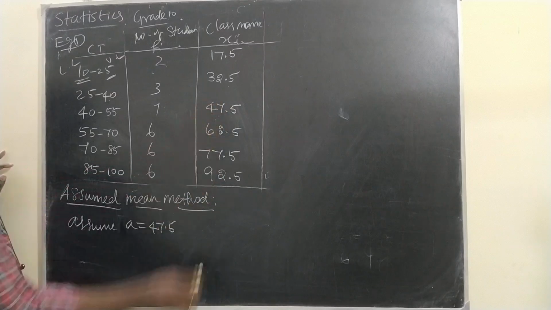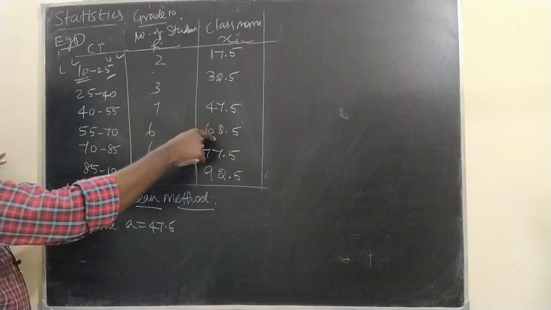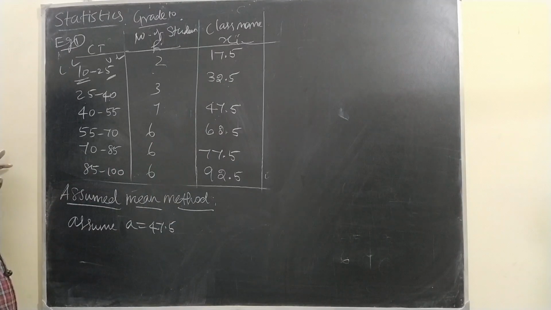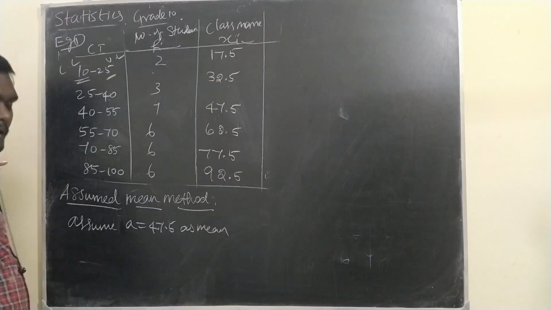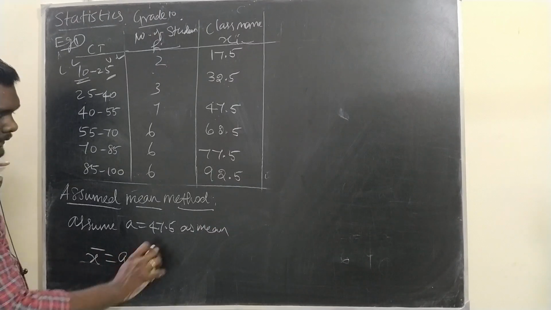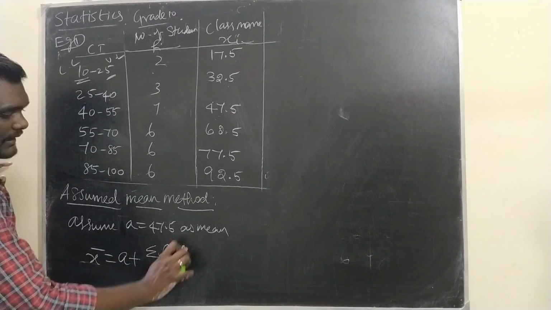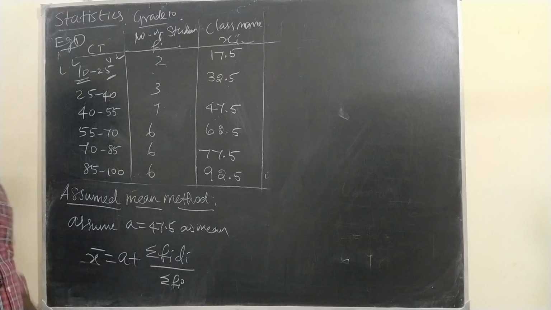Right in the middle. Anyone we can choose. So 47.5 as mean I am choosing. And the formula says that x bar is equal to A plus sigma fi di by sigma fi.